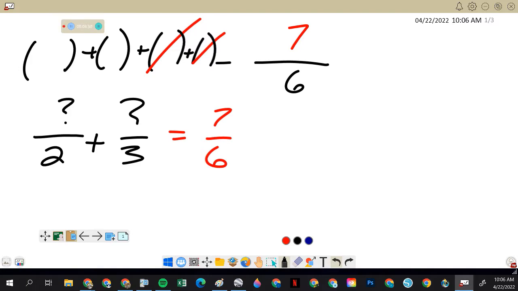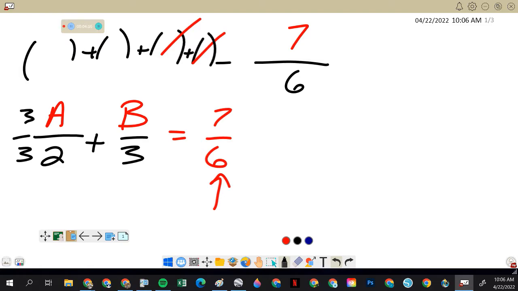All right, so let's work backwards. What could have happened? Something over 2 plus something over 3. So to figure out what the answers are, I'm just going to put in A and B. Okay? Well, what does the first fraction need in order to get this denominator? It needs a 3. So this will be 3 over 3, and this will be 2 over 2.